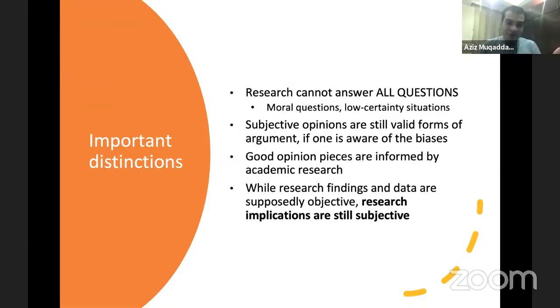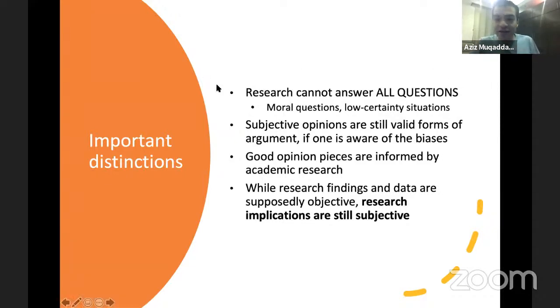If you're comfortable with people not having a good standard of life, there's no amount of research that will change your opinion, because that's just a subjective position, or vice versa. So not all questions are answerable via research. As I said last class, empirical questions, things that are testable, can be answered by research.